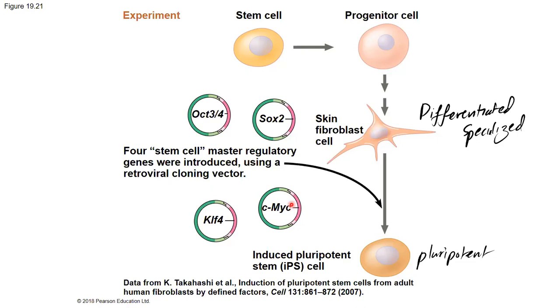So now these genes will be expressed inside the cell. These genes are actually transcription factors that will reprogram the cell and convert it from a differentiated cell into a stem cell. So here we have some sort of de-differentiation, reversal of differentiation. Okay.